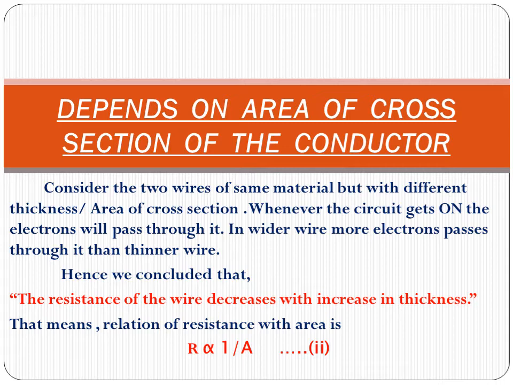In the wider wire, that means the wire with more thickness and more area of cross section, it allows more electrons to pass through it than the thinner wire. Hence we conclude that the resistance of the wire decreases with increase in thickness. That means R is inversely proportional to the area of cross section or thickness.